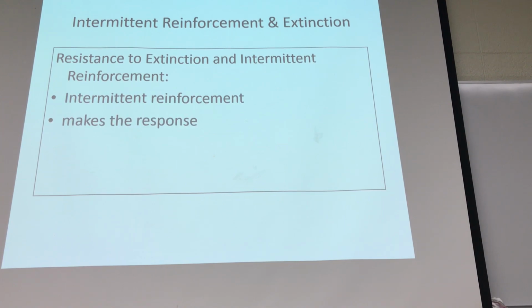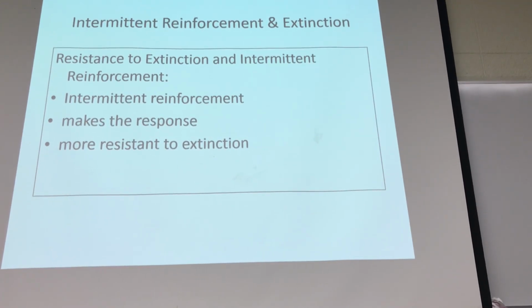We talked about resistance to extinction. VI schedules are intermittent. A fixed interval schedule falls under that intermittent category too. So a fixed interval and a variable interval schedule will produce behavior that's more resistant to extinction.